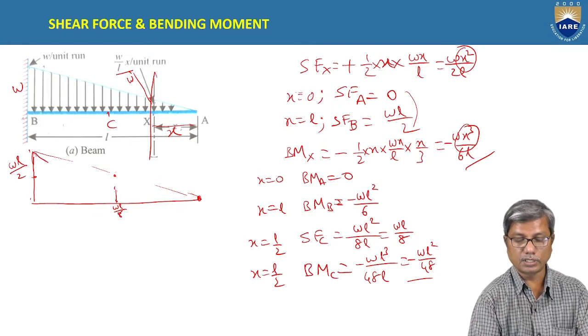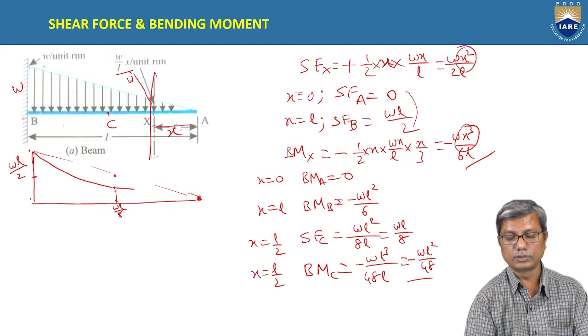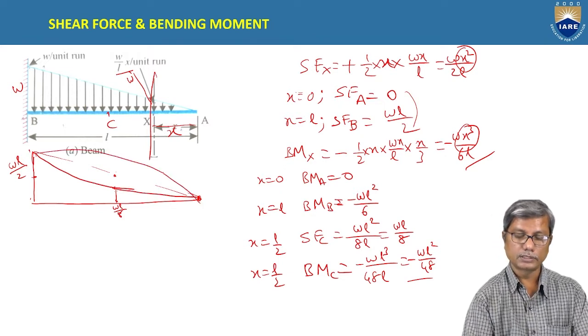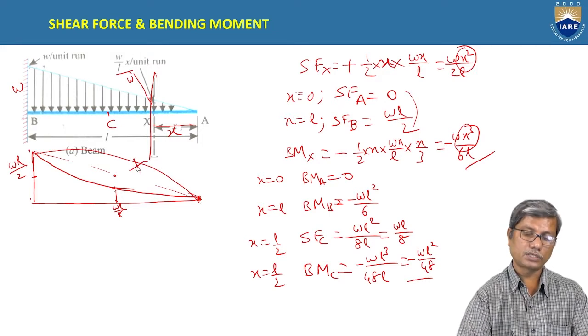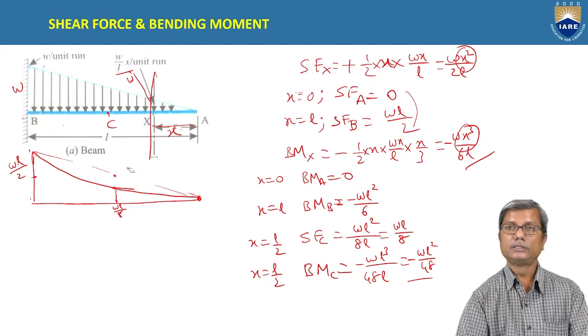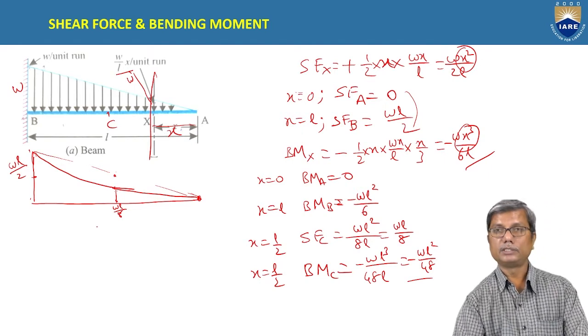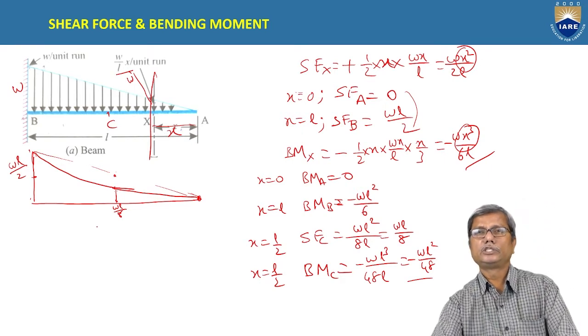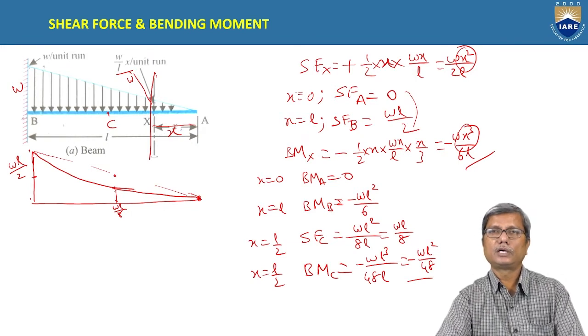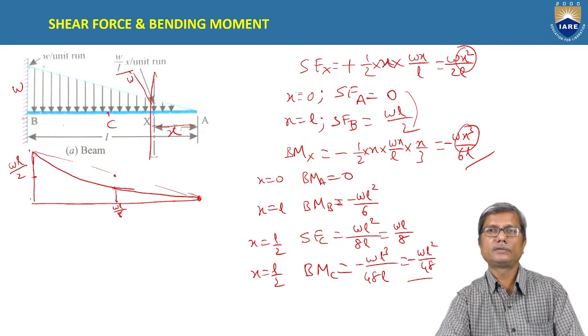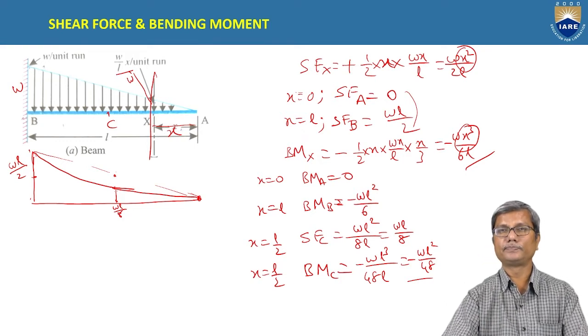So, we have to draw the curve downwards like this, parabola, not like this. Okay, this is not correct. So, the parabola we have to draw by keeping this point in mind, whether the shear force at midpoint is less than half or greater than half of the maximum shear force at the end.